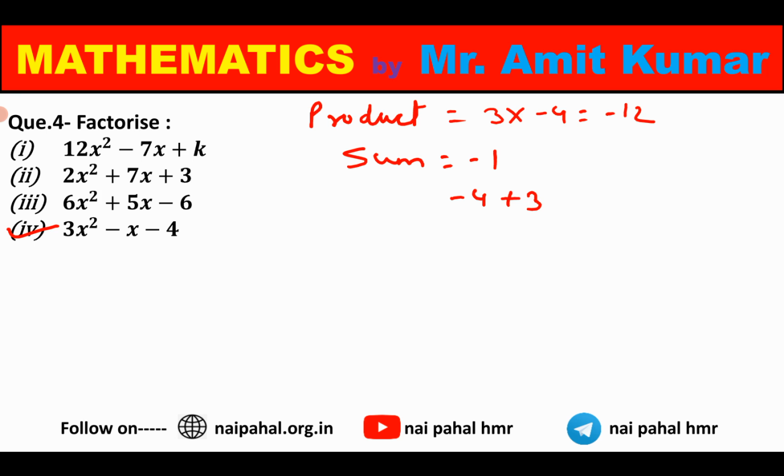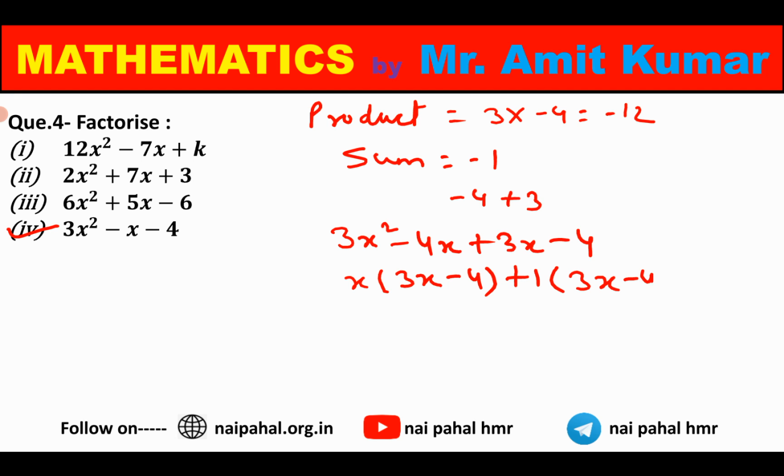The middle term is the sum, and the product is of the first and last term. Let's check it out. 12 times 3 is 36, but we cannot get 5. 9 times 4 is 36, yes, we can get 5.